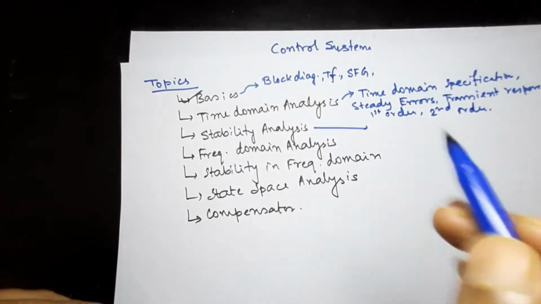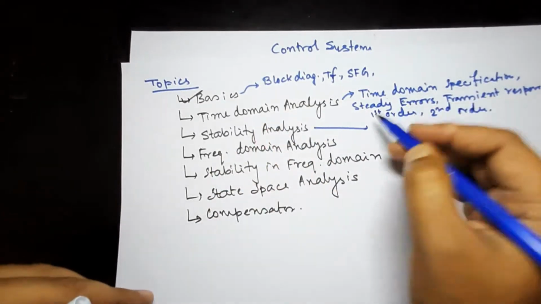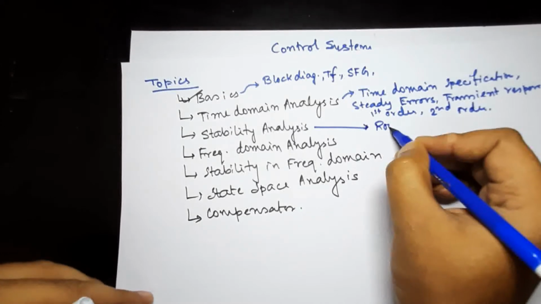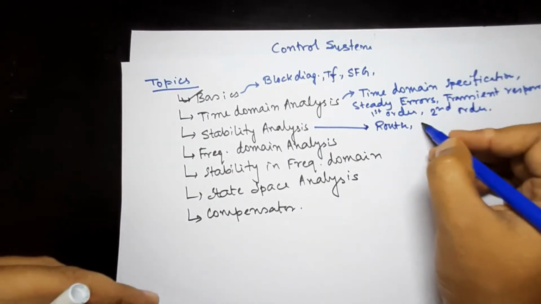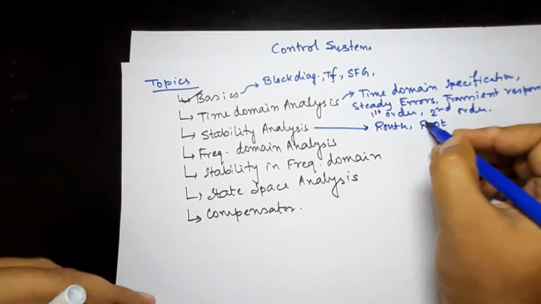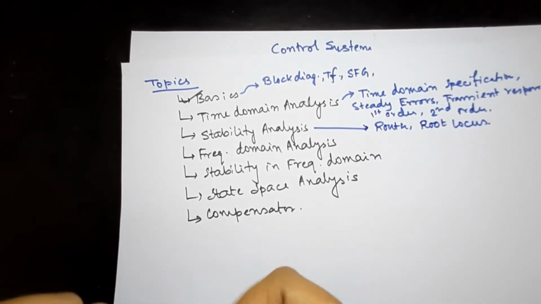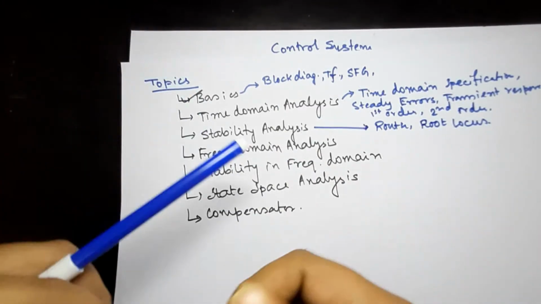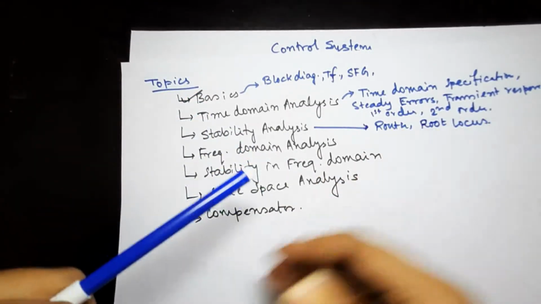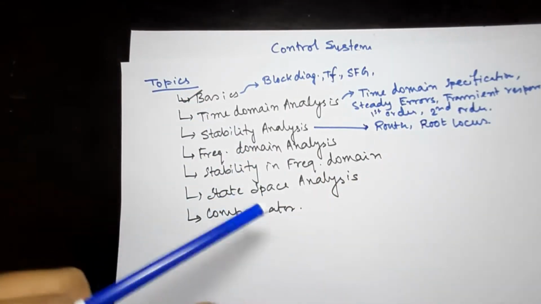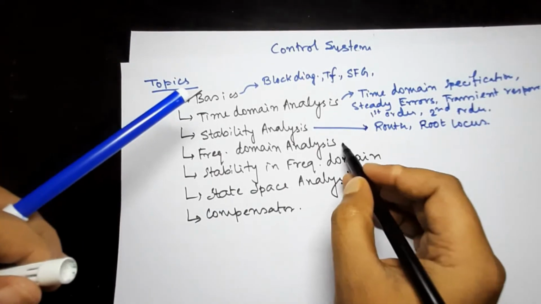In stability analysis, in this portion, we will first learn Routh array and then root locus. Obviously, there are other techniques of stability analysis, but before jumping into that, we need frequency domain analysis. So the next chapter will be frequency domain analysis.